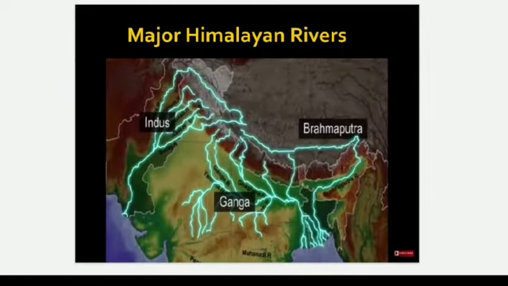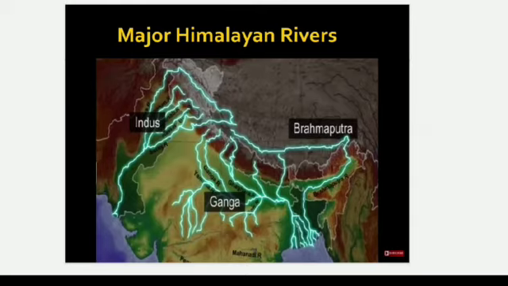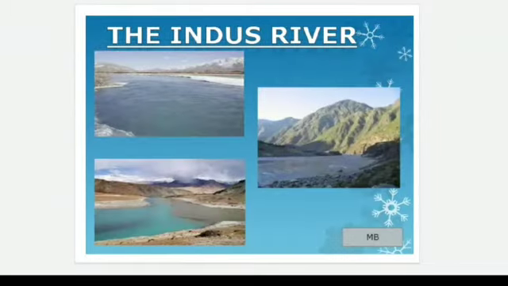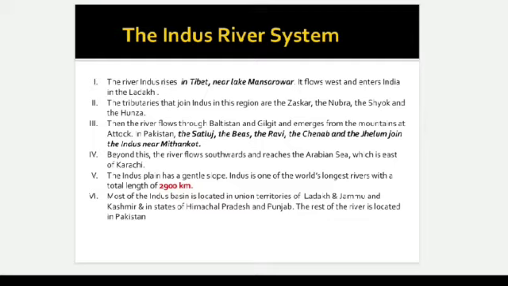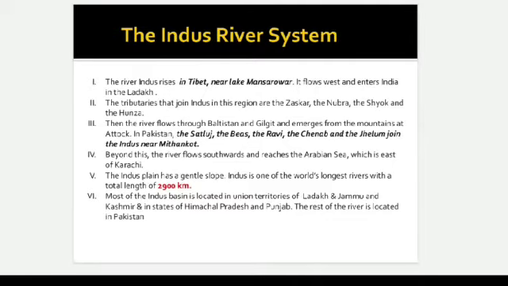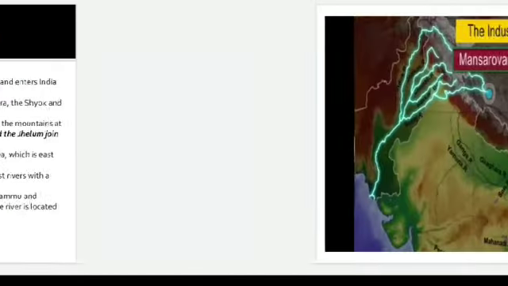Here you can see the major Himalayan rivers which we'll discuss in detail in this chapter, that is Indus, Ganga and Brahmaputra. First of all, we'll discuss Indus River. The Indus River rises in Tibet near Mansarovar Lake, and it flows west and enters India in Ladakh.